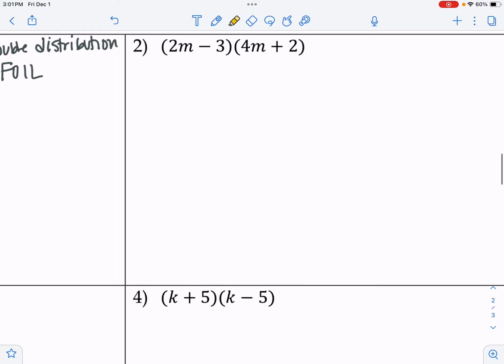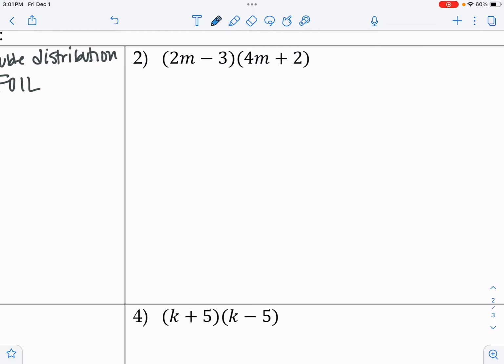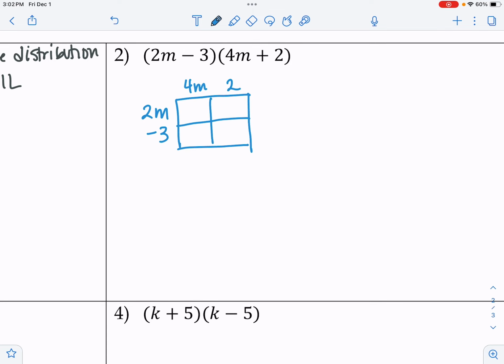Okay, number 2, we have a binomial times a binomial. So 2m minus 3 and then 4m plus 2. I'm going to fill in the invisible ones. And so 2 times 4 is 8, m1 and m1 is m2. 2 times 2 is 4 with an m1.